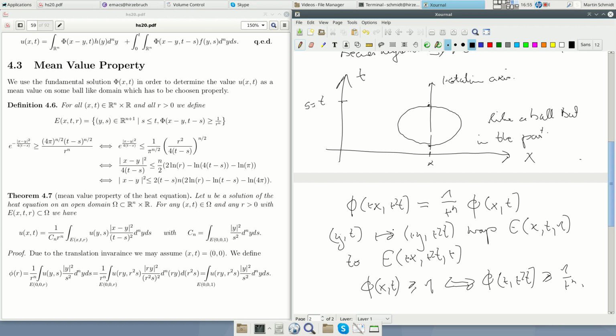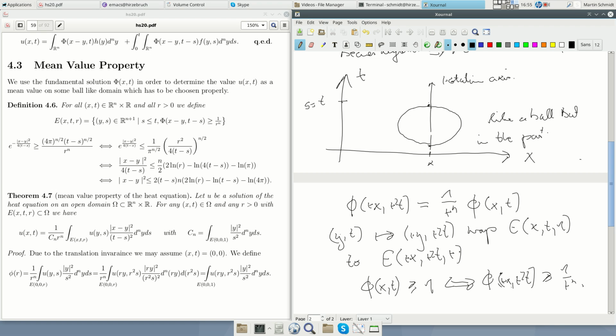So we see indeed that if y and t here belong to this element, then this belongs to this element. Here one should insert, of course, the x that is missing. And this explains this relation here.